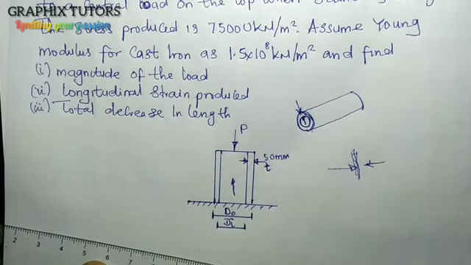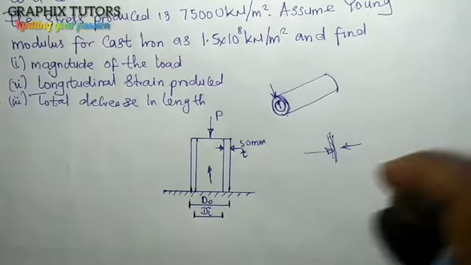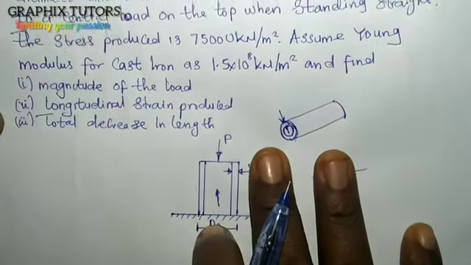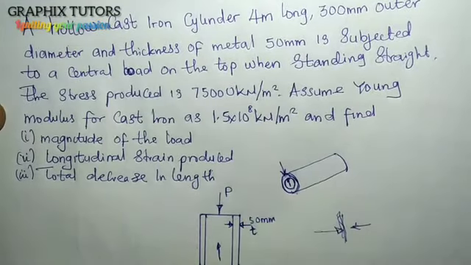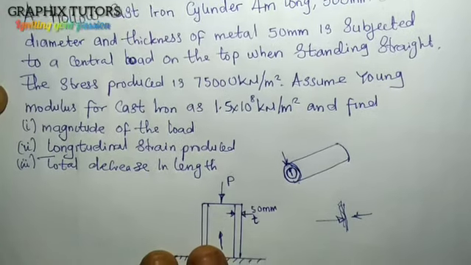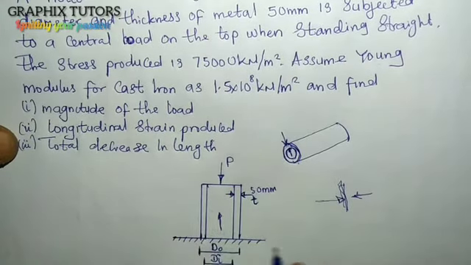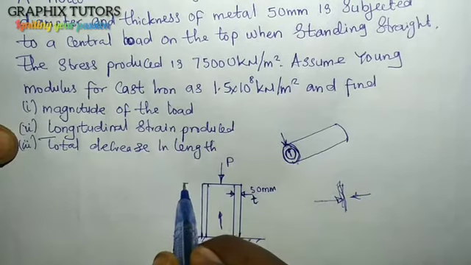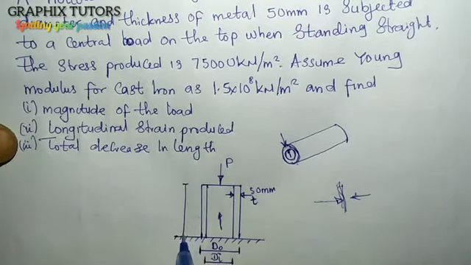Now let's try and write out our parameters and see. The parameters given in this question: it's a hollow cast iron cylinder 4 meters long. So the length of the hollow cast iron, standing straight, is the distance from here to this point here.